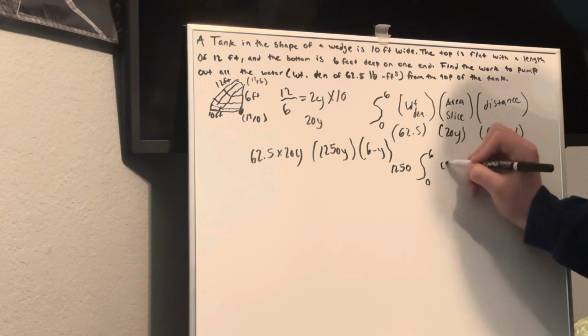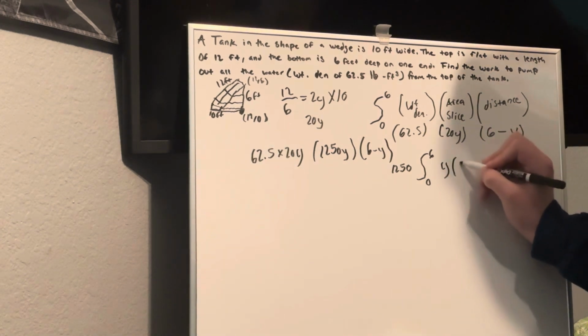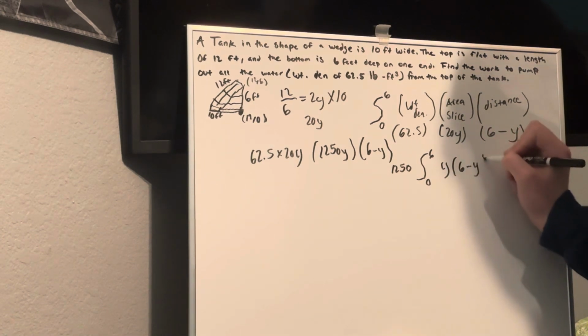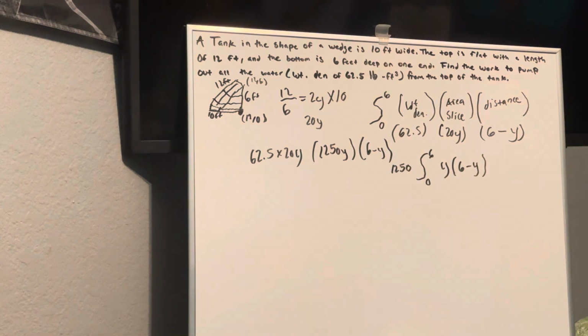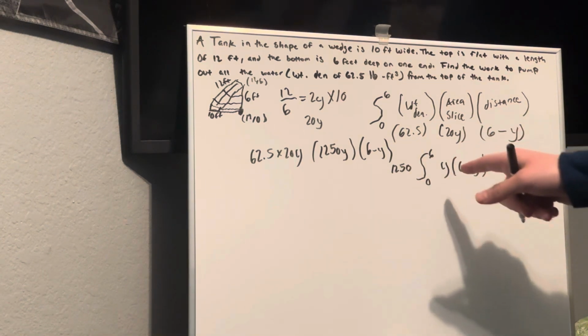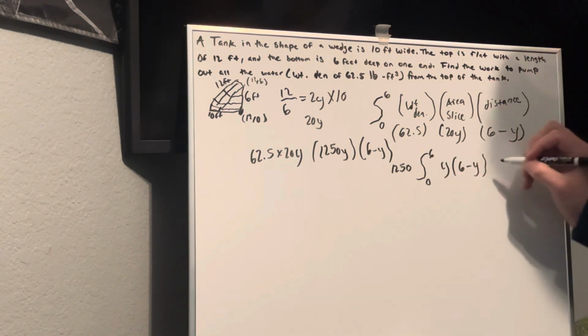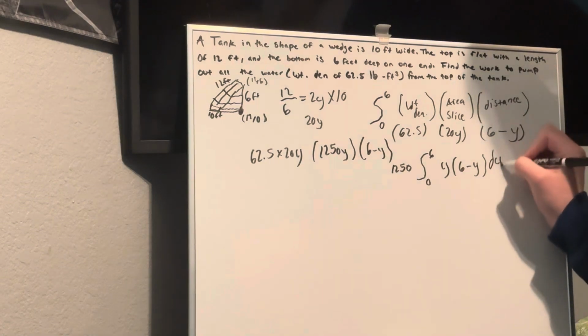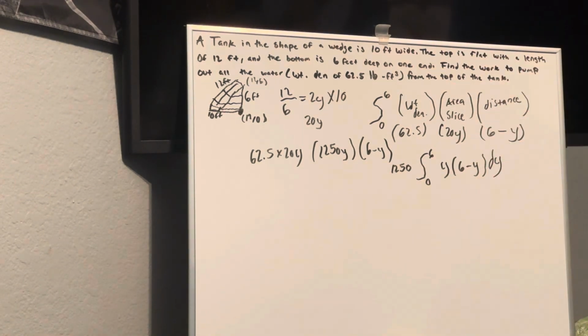But we still have to keep the y in here and the 6 minus y. So now we have 1250 over the bounds of 0 to 6, y times 6 minus y, and we have our changes of y, which is going to be dy. All right, this is our integral.